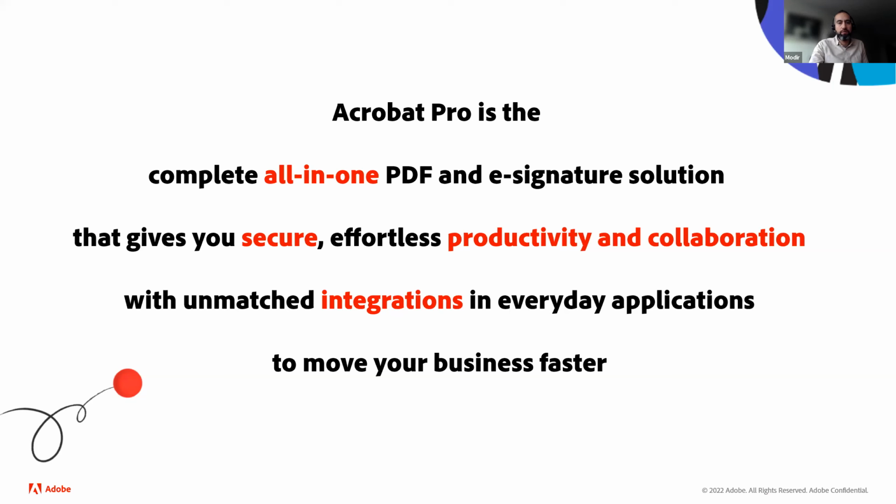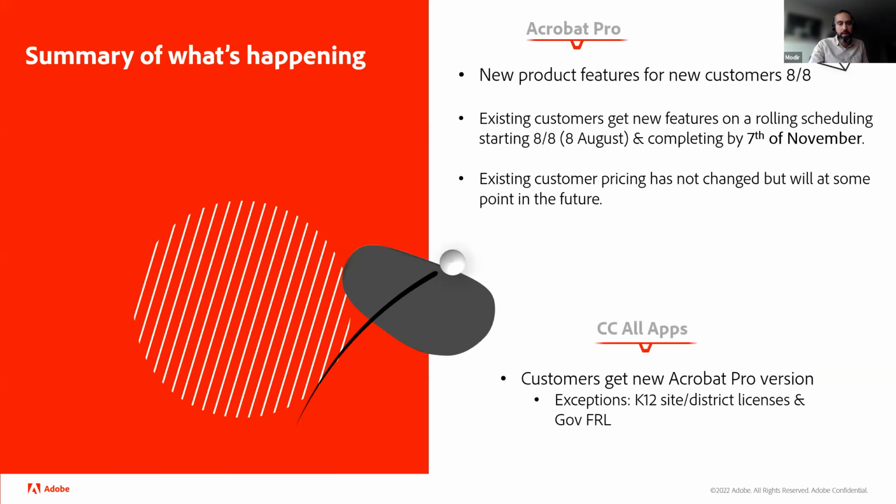And I'm sure a lot of you are already familiar with Acrobat, and you're more interested in what is new in Acrobat. So what is happening, or has happened already, is that we are adding new features to the Acrobat Pro offering in VIP. Simply put, new signing features have been added to new Acrobat customers.